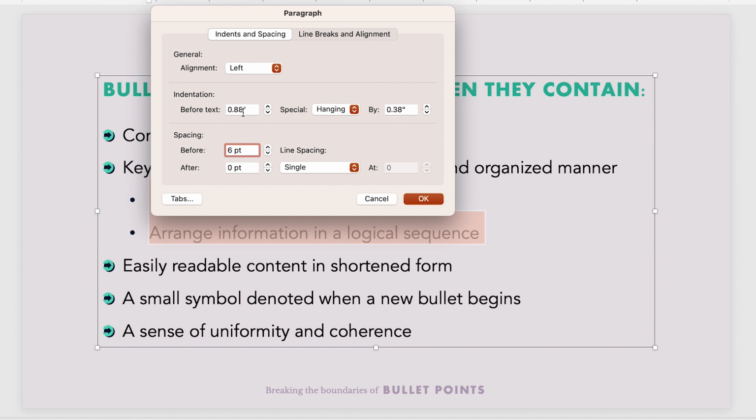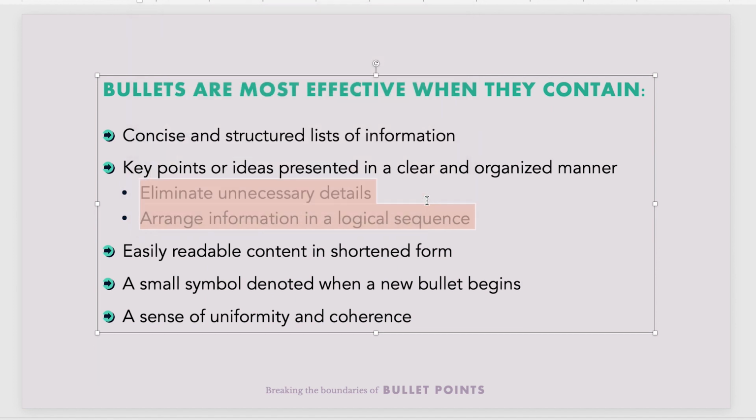I'm also going to change my indentation spacing to 0.7 to align the bullet with the rest of the text. And finally, I will change hanging to 0.35 to make it just a little bit tighter. Now, our main bullet that has sub-bullets are visually more of a block than the rest of the text.